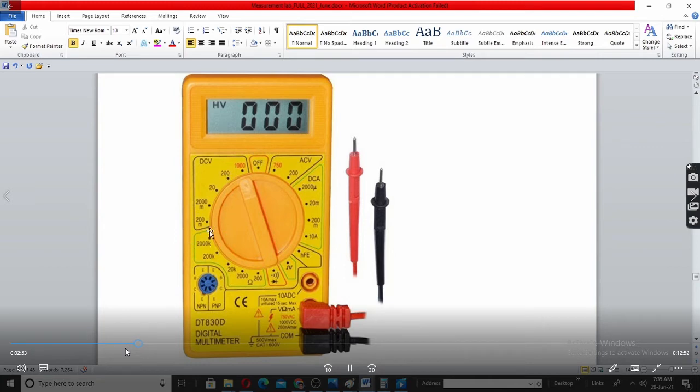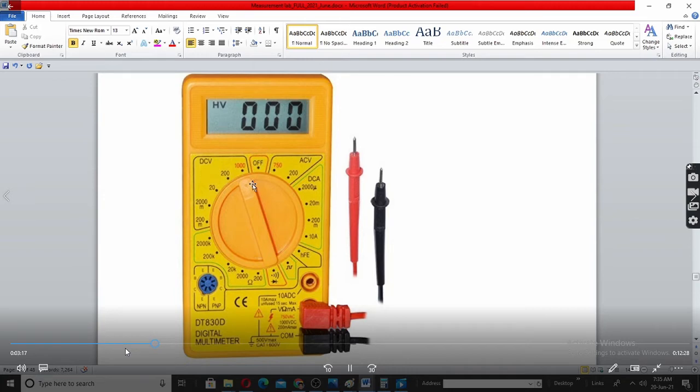ranges from 200 millivolt, here there is milli, 2000 millivolt. Then these three will be in voltage. 1000 is high voltage. In AC, you have 200 volts and 750 volts.